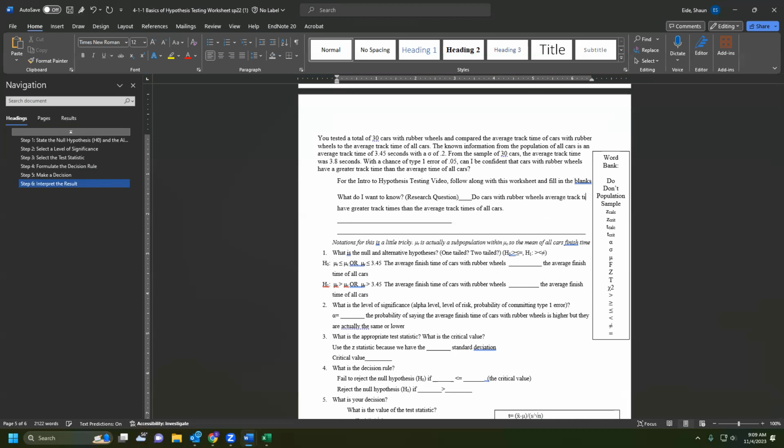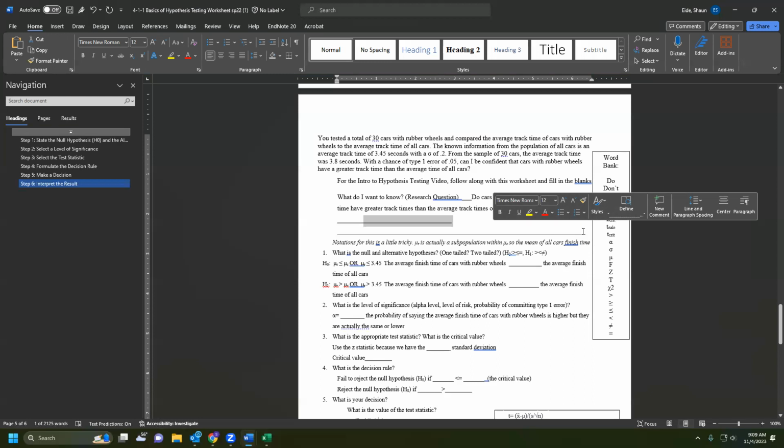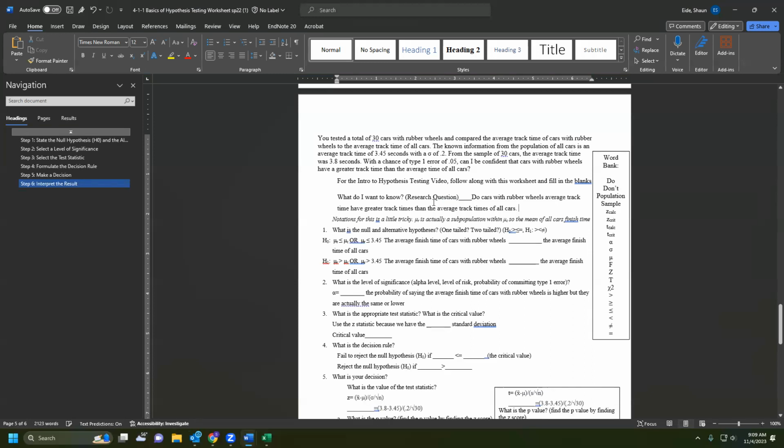So what we're doing is comparing the average track time of cars with rubber wheels to the average track time of all cars. We're comparing a subpopulation to a larger population. And so we've got the subpopulation. Do I have a car with rubber wheels? I do have a car with rubber wheels.